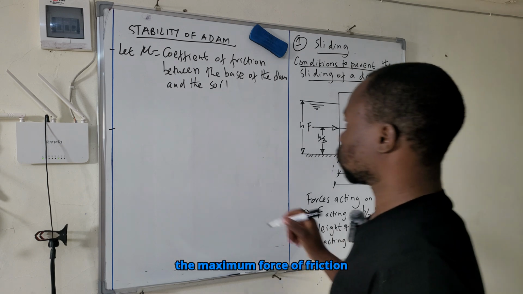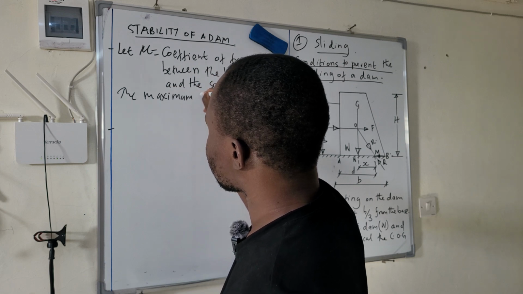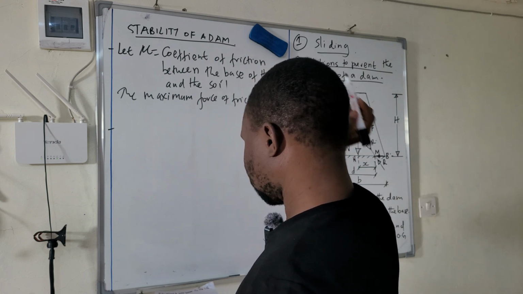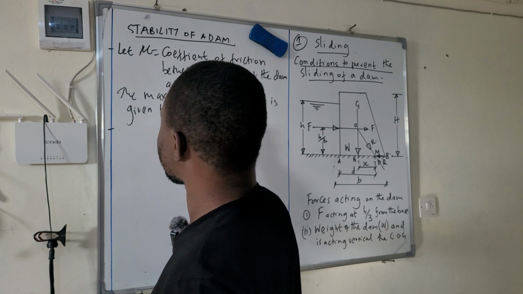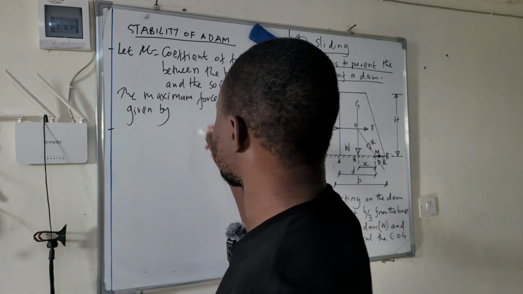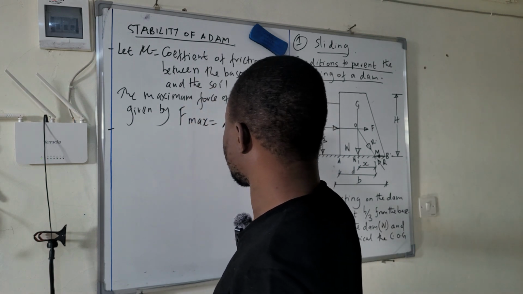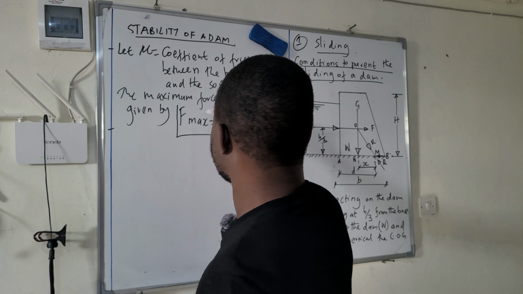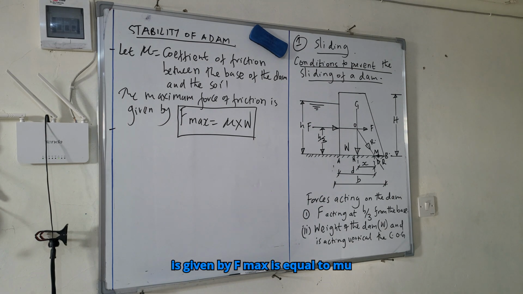So the maximum force of friction is given by F max is equal to mu times W. So that is the maximum force of friction, given by F max is equal to mu times W.